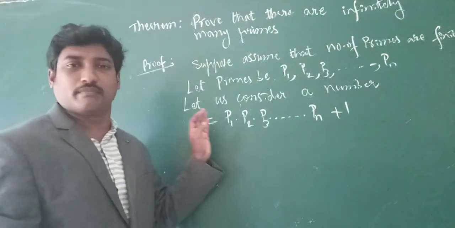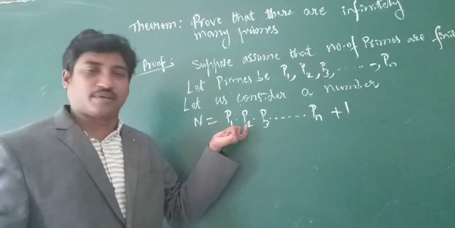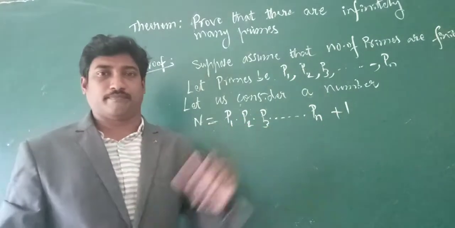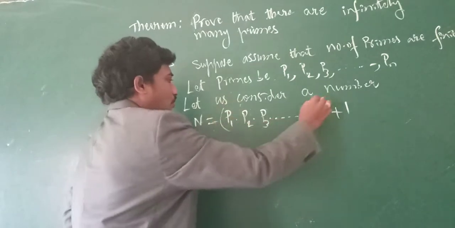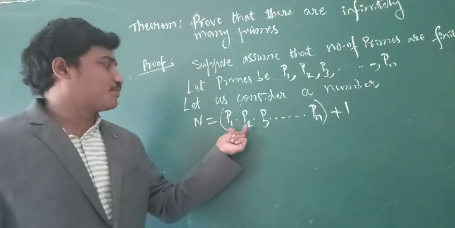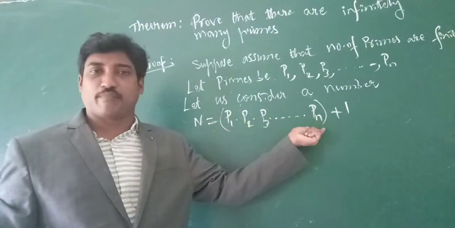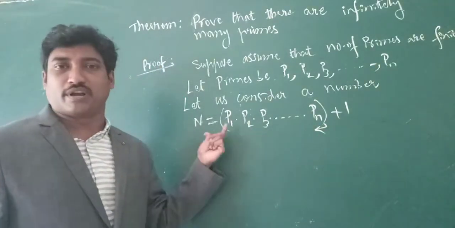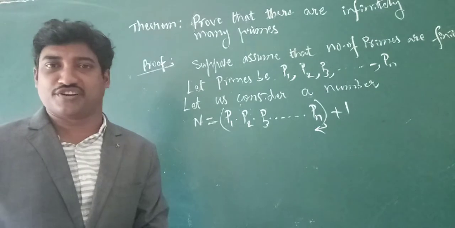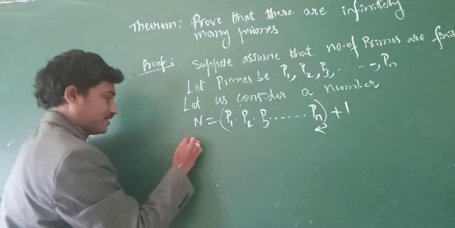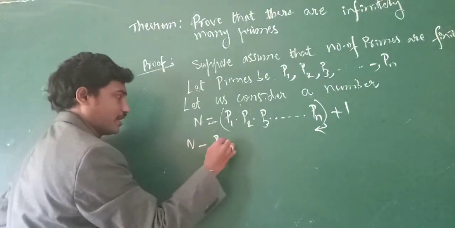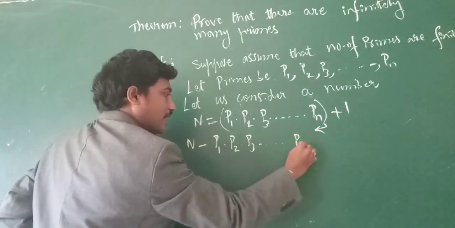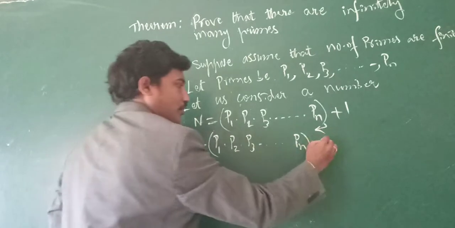N is a number which is nothing but P1 into P2 into P3 and so on Pn plus 1. Now this product P1 into P2 into P3 and so on Pn, transposed to the left side, becomes minus. So N minus P1 into P2 into P3 and so on Pn equals 1.